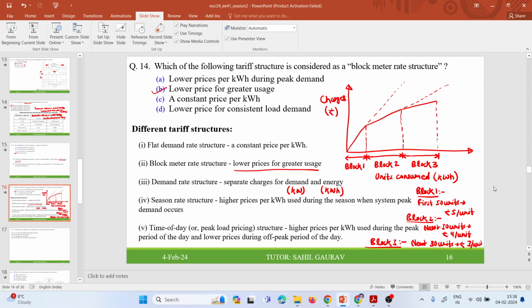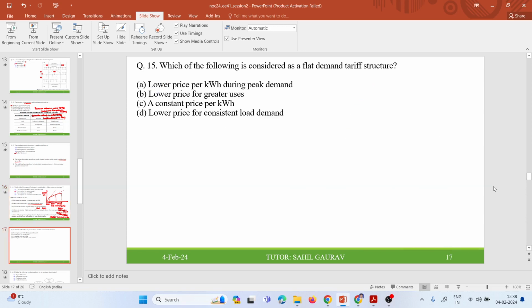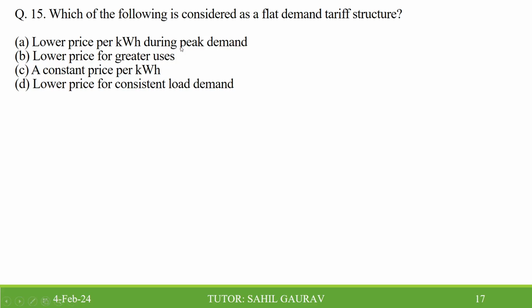So moving to the next part. In this next problem, it is also related to tariff structure. Which of the following is considered as a flat demand tariff structure? The options are: A, lower prices per kilowatt hour during peak demand; B, lower price for greater usage; C, a constant price per kilowatt hour; D, lower price for consistent load demand.